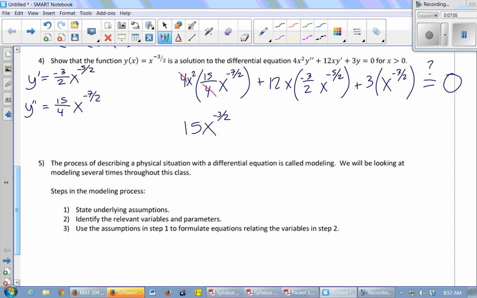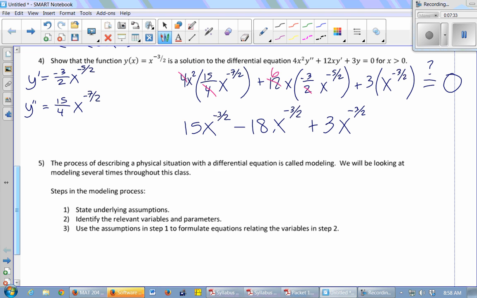Okay. All right, so over here, I can cancel those, put 6 there. So I've got negative 18 for my coefficient. And then x to the first times x to the negative 5/2 is x to the negative 3/2. And then I have plus 3x to the negative 3/2.